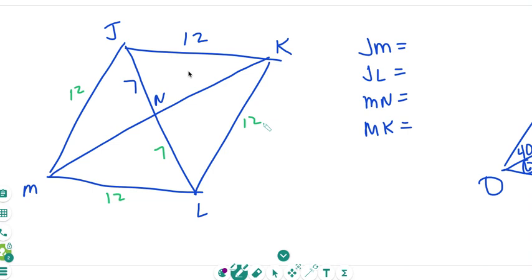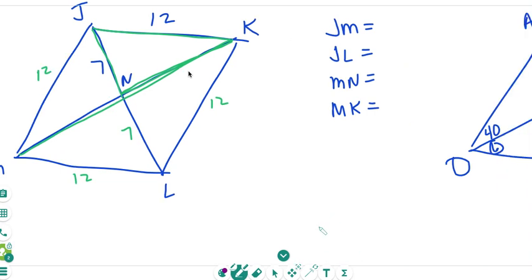Now, we're trying to find KM. We're missing that line in there. So let's look and see what we know. If we're looking for KM, you'll notice that KN is part of this right triangle. So we can use that information to find KN.